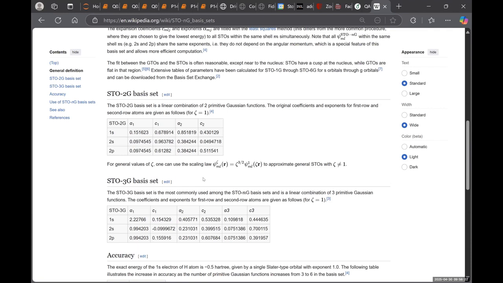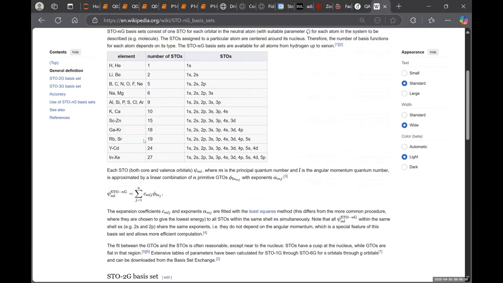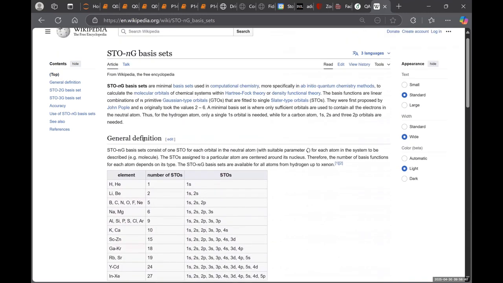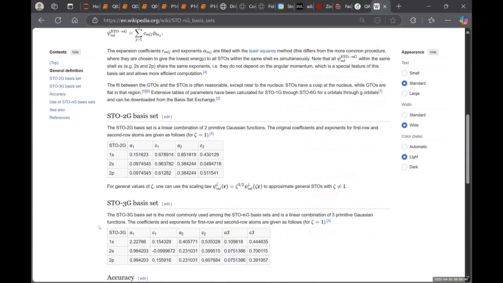So maybe the coefficients they're using are real coefficients, alpha 1. These alphas have particular meaning, like it was printed previously. I'm not sure whether they're the same alpha or the alpha coefficient.